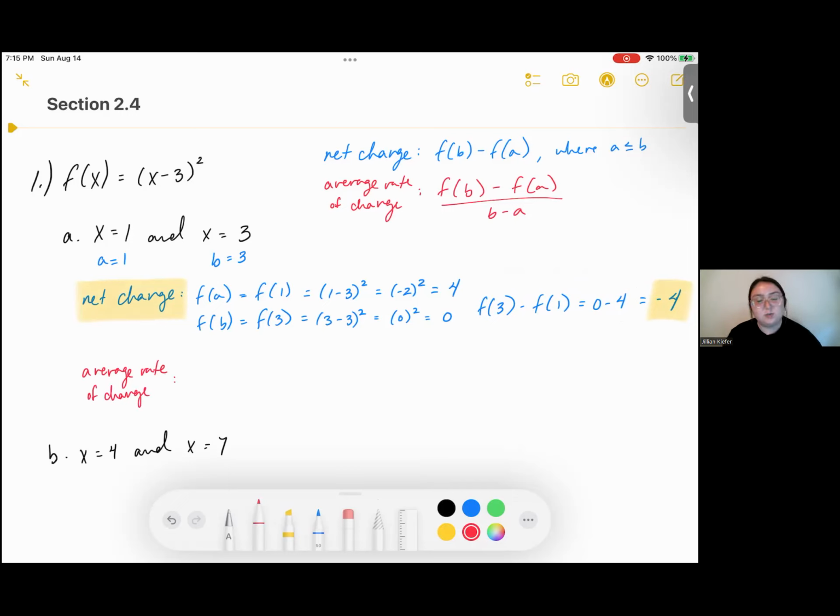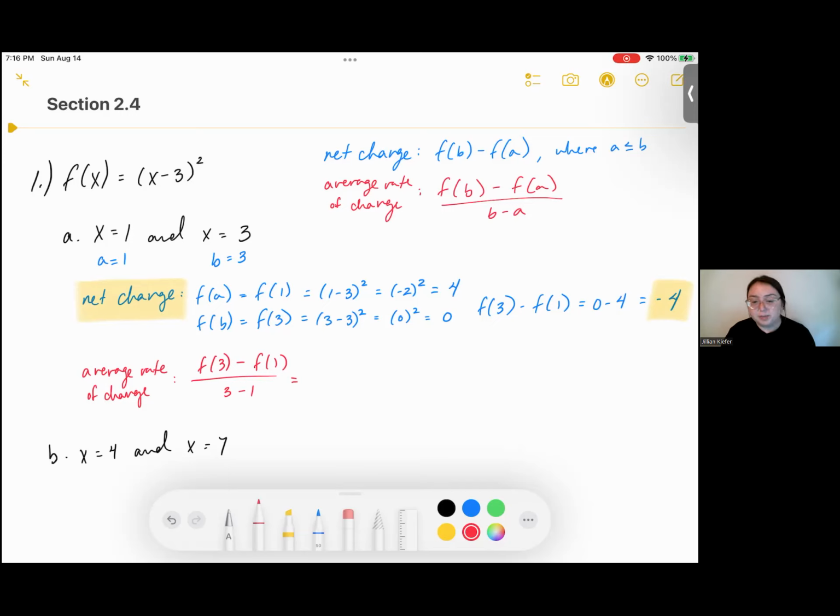Our average rate of change was f of b minus f of a divided by b minus a. Well, if we keep the same things, a is 1, b is 3, then this is really f of 3 minus f of 1 divided by 3 minus 1. We already know what f of 3 and f of 1 are because we already calculated that for net change. We even know what the numerator is.